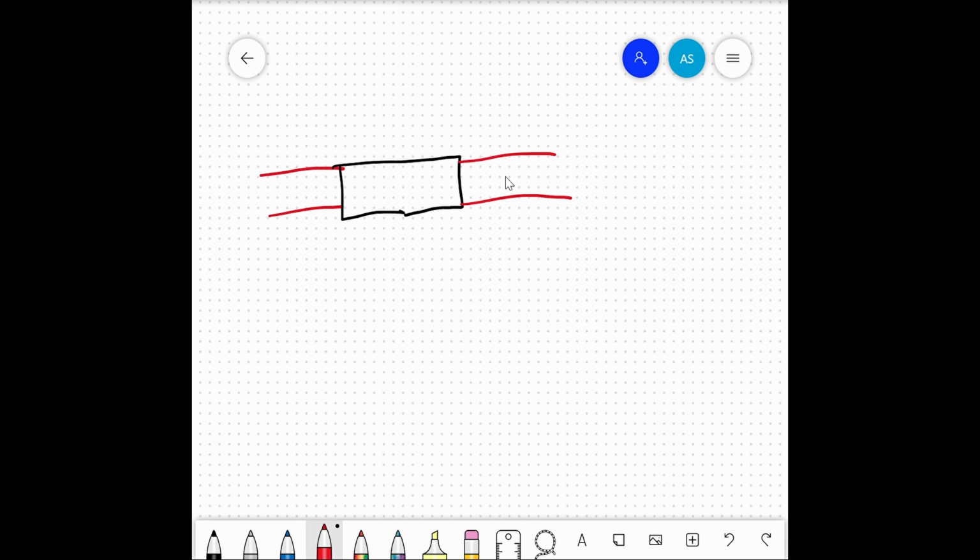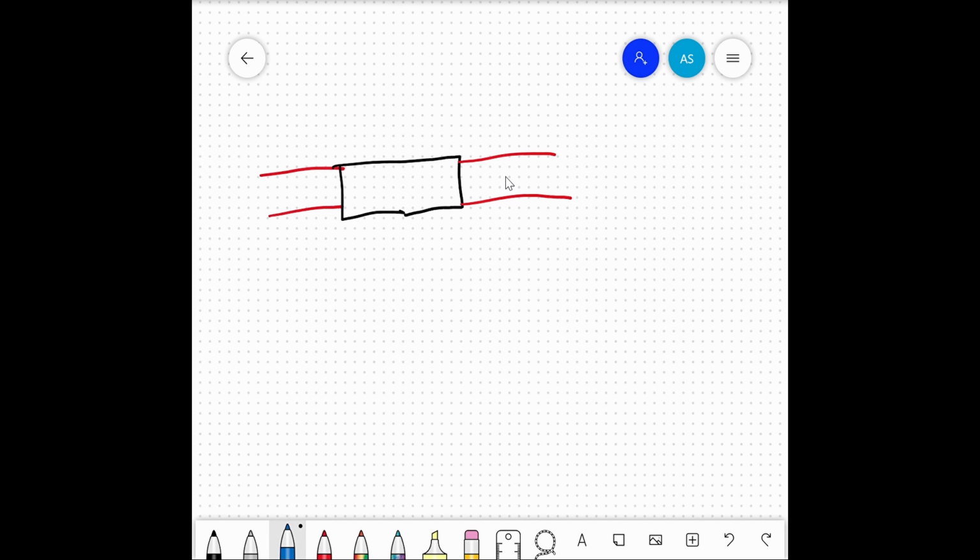So now that I have explained how current works and what potential difference is, let's take a look at a visual to better understand how a resistor works. Let's say we have a pipe that is flowing through a box and is connected to a pipe enabling the water to flow out of the box.